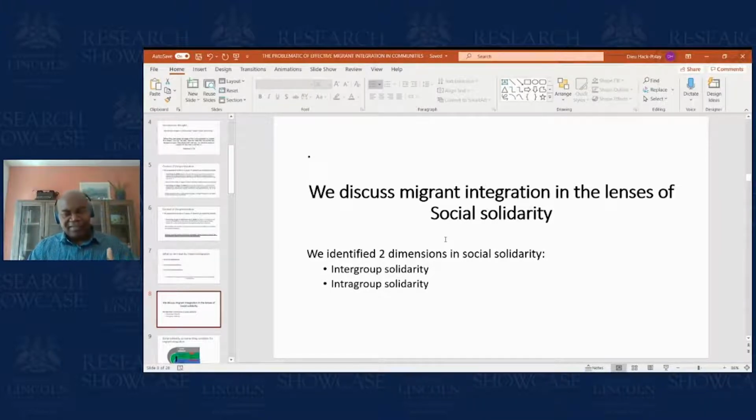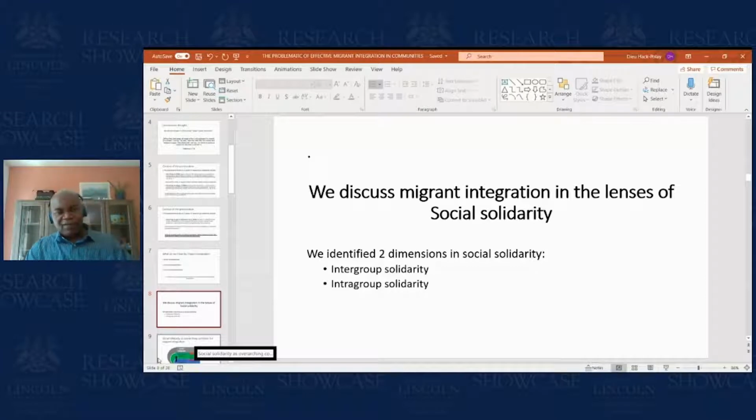So basically, the assistance that helps migrants to integrate is twofold, linking to the way they help one another. It could come from within the group, and it could come from outside the group. So that's what we have termed intra-group solidarity for inside the group, and intergroup solidarity for outside the group.